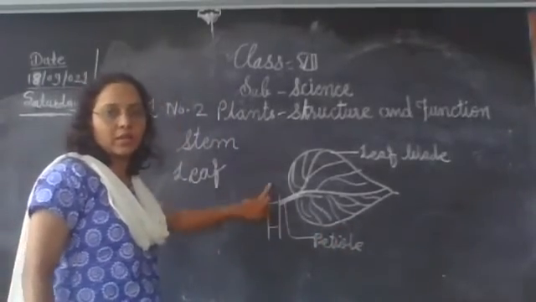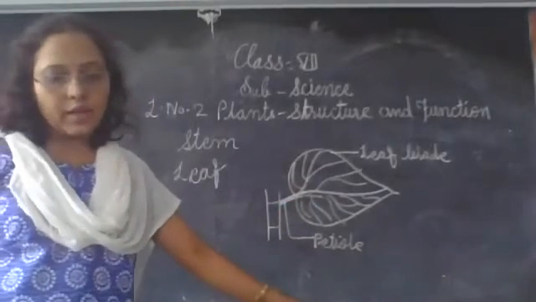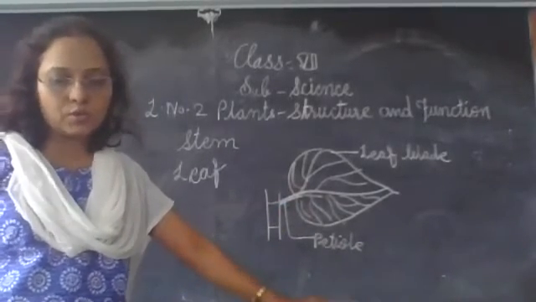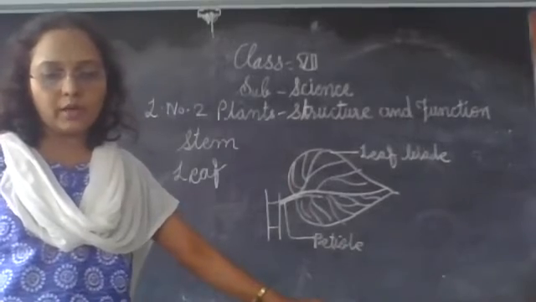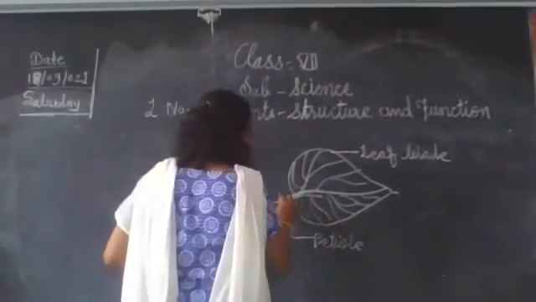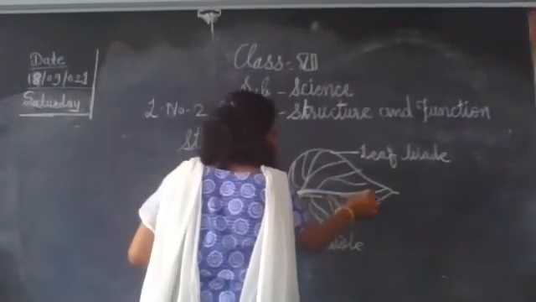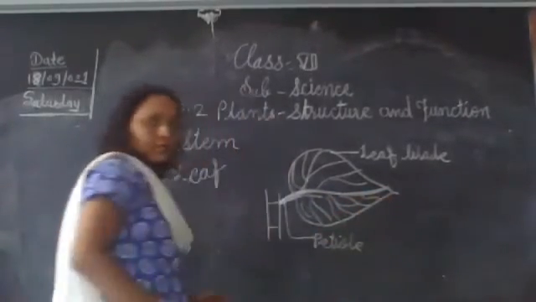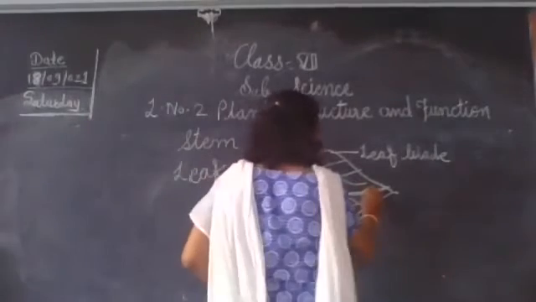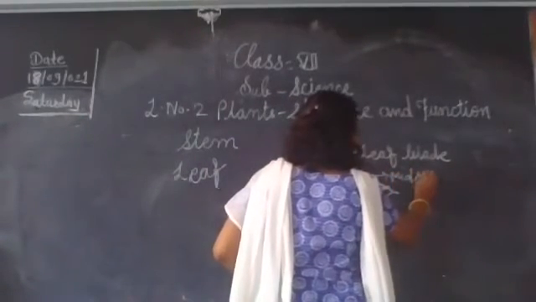It is attached to the stem with the help of that stalk. Then the petiole continues to the midrib of the leaf, the main rib. Mid means middle. Midrib.